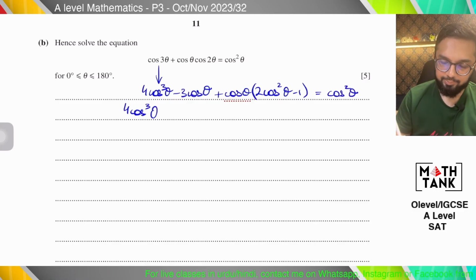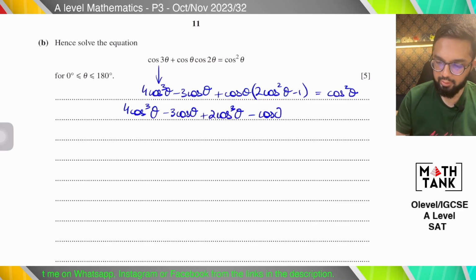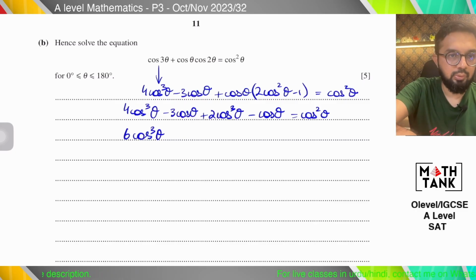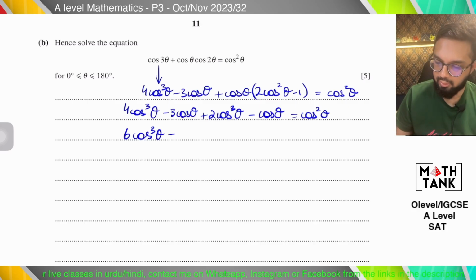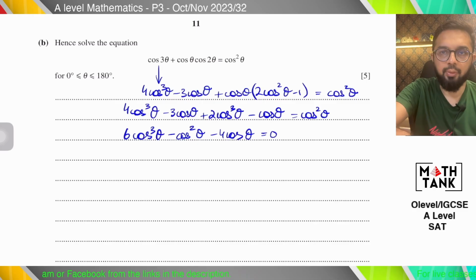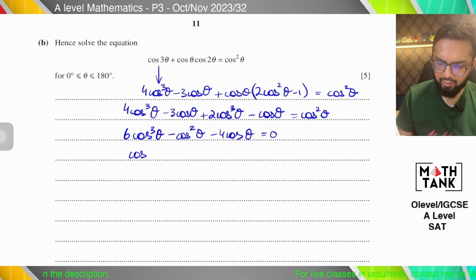So 4 cos cube theta minus 3 cos theta plus 2 cos cube theta minus cos theta equals cos square theta. 6 cos cube theta, minus cos square theta, minus 4 cos theta equals 0. Then I see cos theta common.